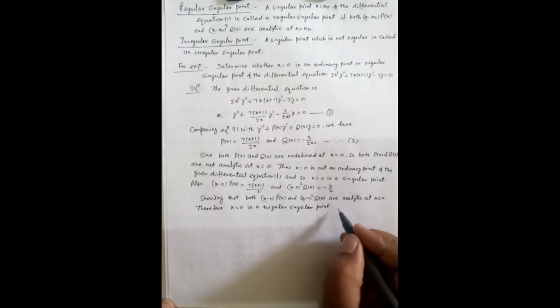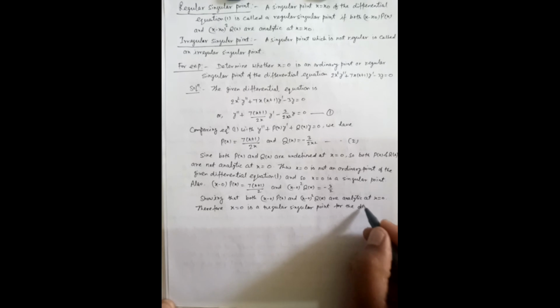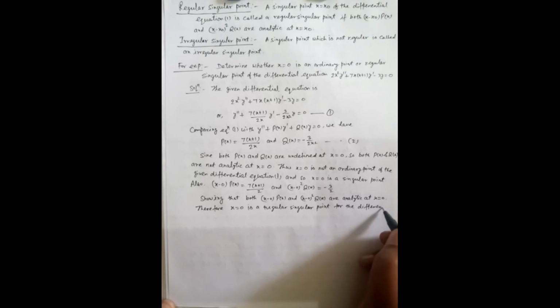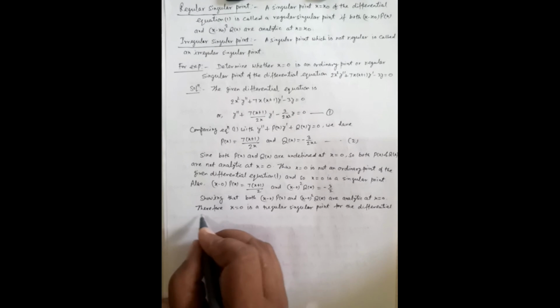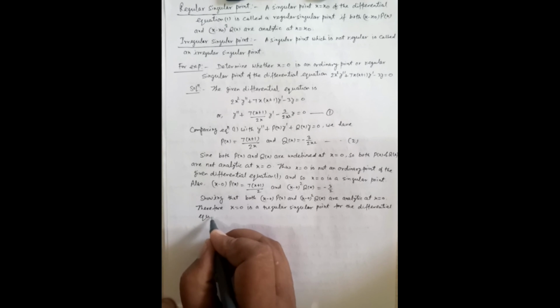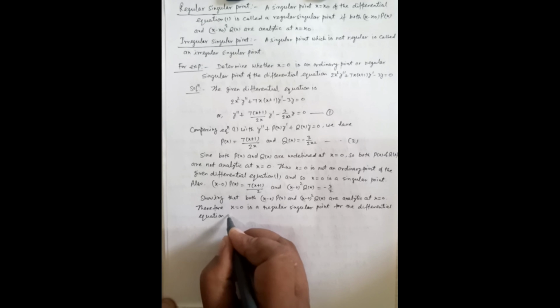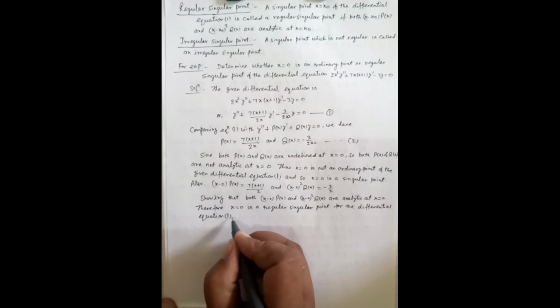For differential equation first, to check the singular points or regular singular point for a given differential equation, we have to compare the given differential equation with the general equation, that is y double dash plus p(x) y dash plus q(x) y is equal to 0.